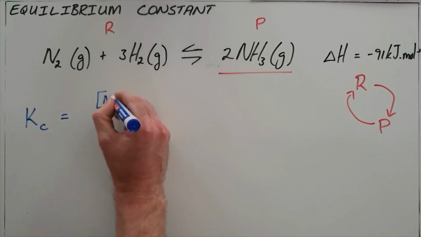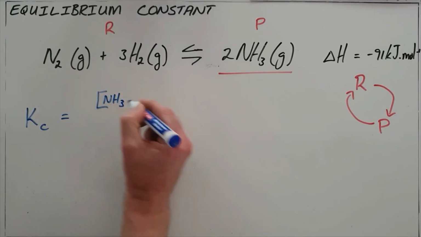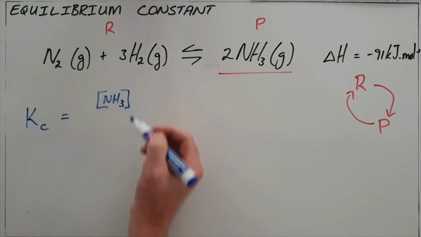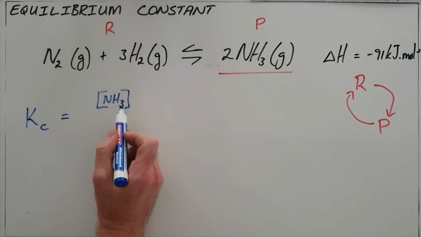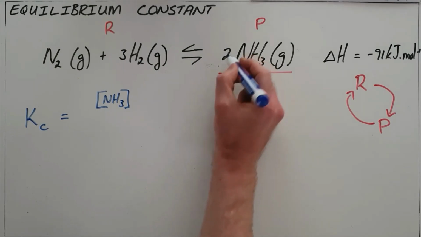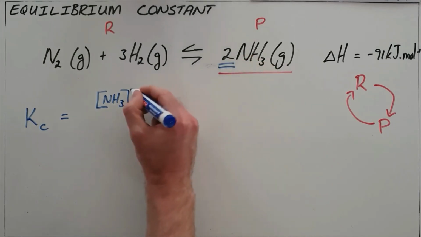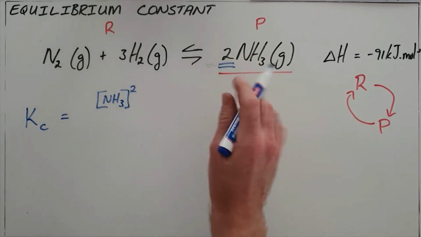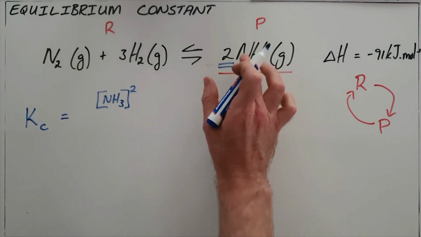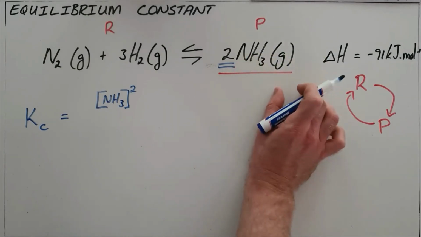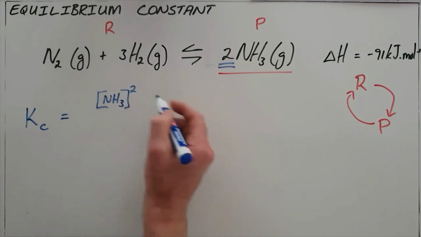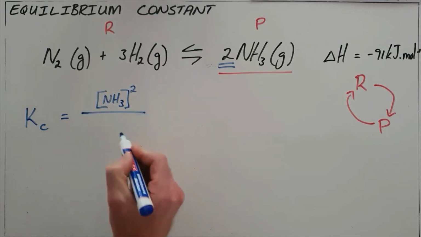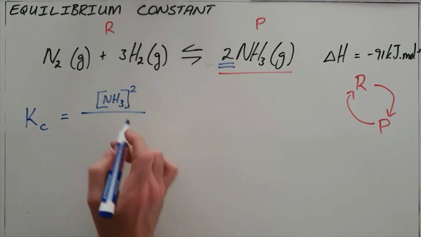We know that writing something in square brackets refers to the concentration, so this means the concentration of ammonia to the power of its exponent. That is part of the formula because we are saying there are 2 ammonia molecules produced, which means ammonia times ammonia. Because this is a ratio, we can often write them as fractions.